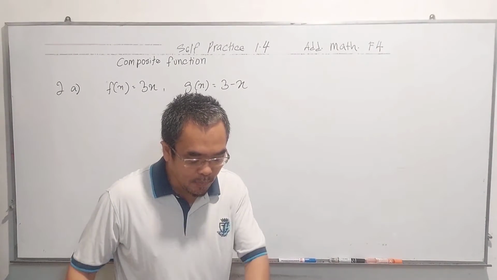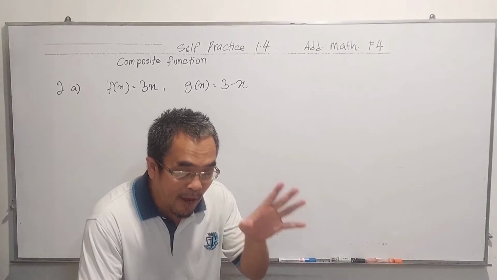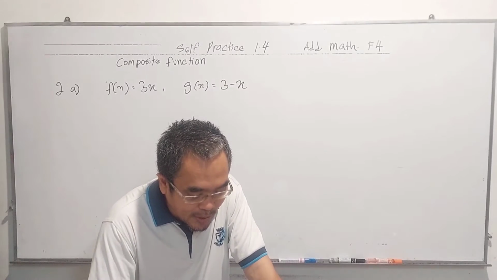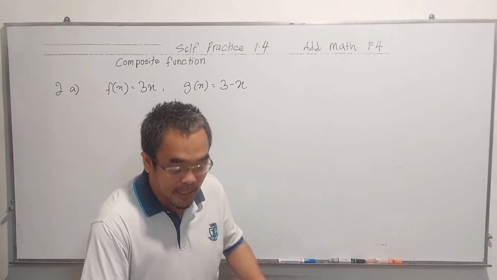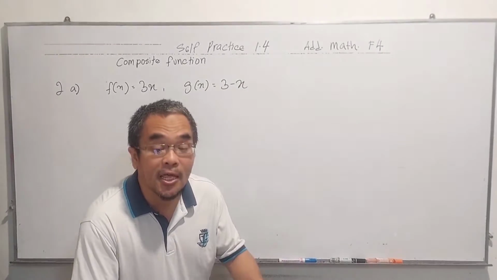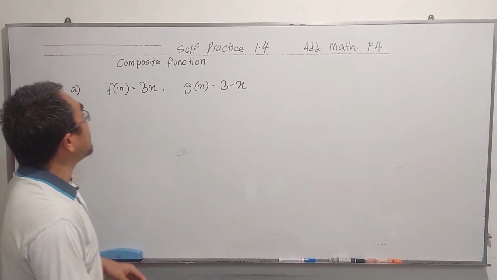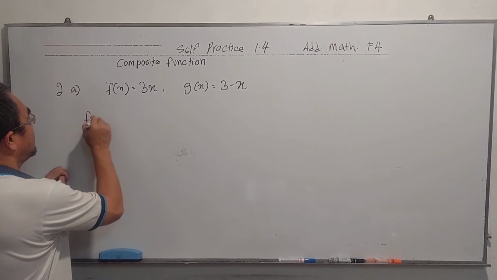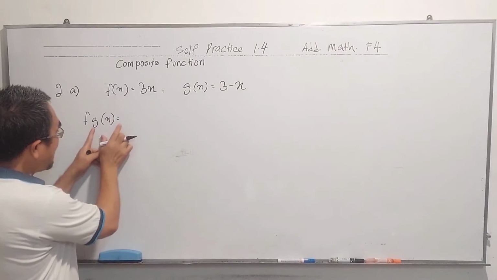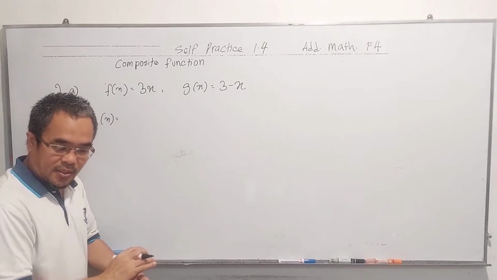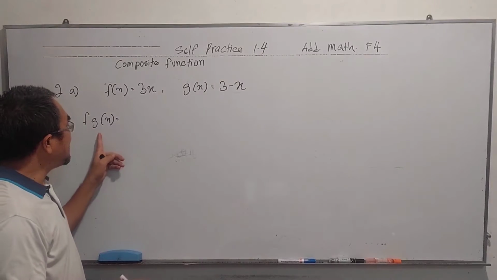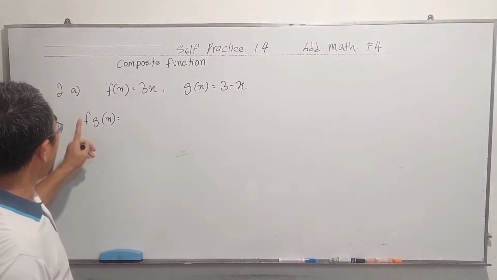For question number 2, you have function f and function g, and we want to create composite functions, which are fg, gf, f squared, and g squared. Let me show you how to do fg. fg(x) means g will be inside of f.